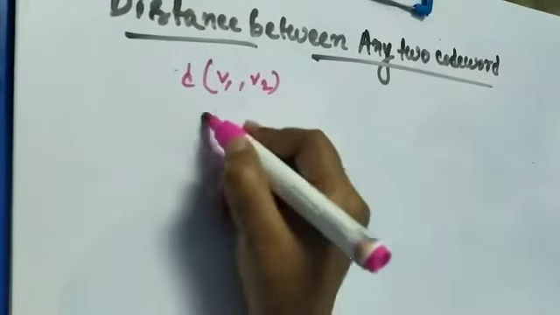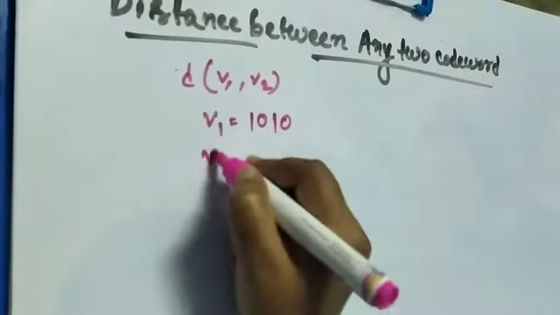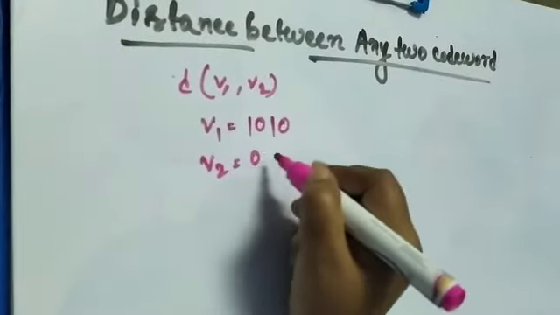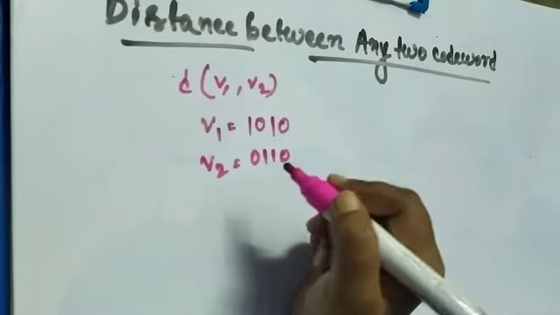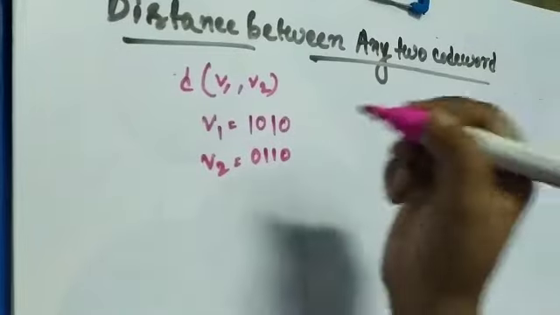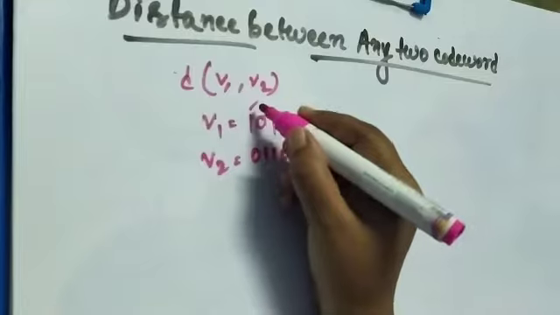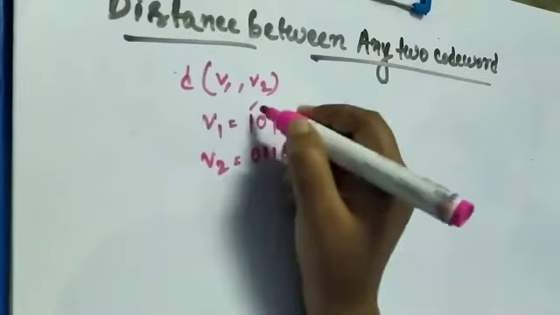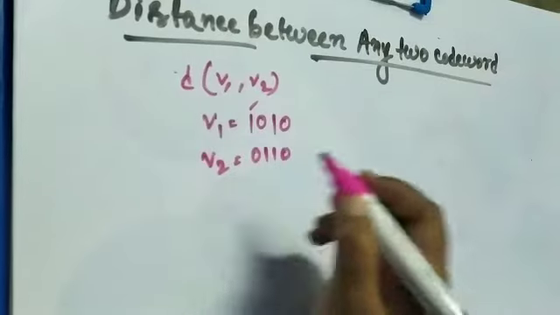For example, if v1 is 1010 and v2 is 0110, then you can see that in the first position the bits differ. In the case of v1 it is 1 and in the case of v2 it is 0.